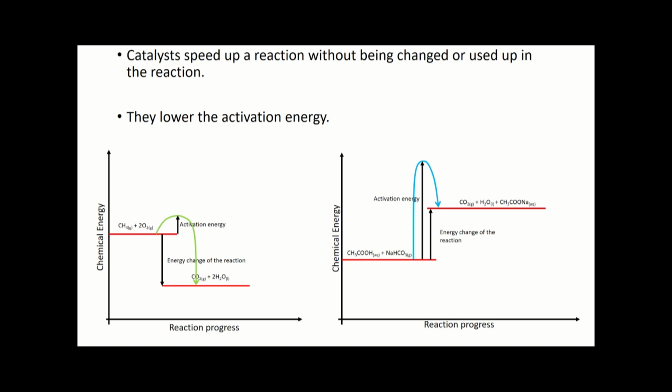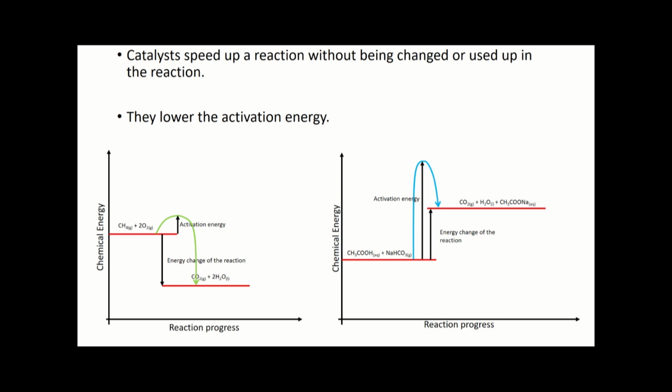So we have lowered the energy requirements, and therefore more particles will get in. Again, if I started at 20 degrees and I had 20% of the particles reacting, by lowering the activation energy, that means that without changing any temperature or anything else like that, I've suddenly made it so that maybe 60% of the particles can get over this activation energy hump.